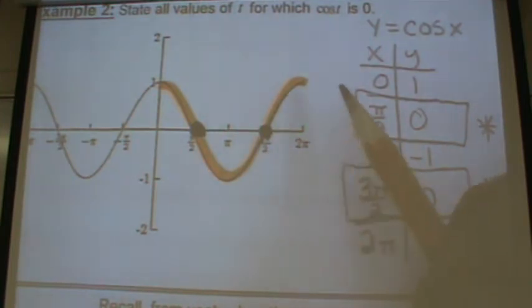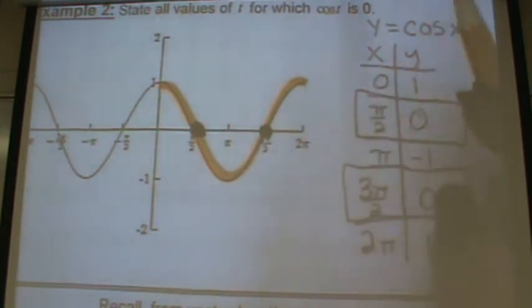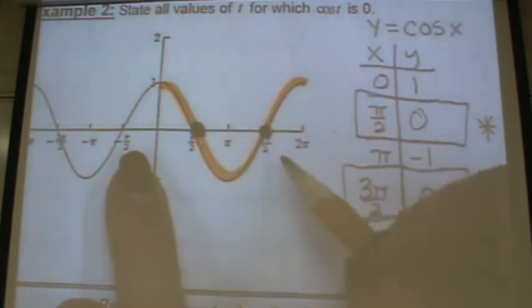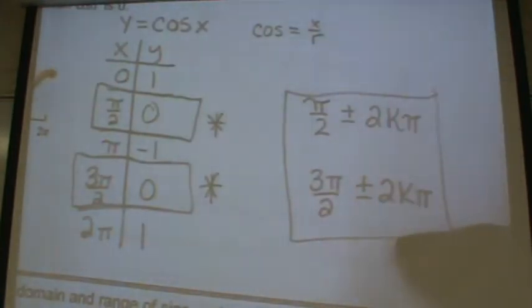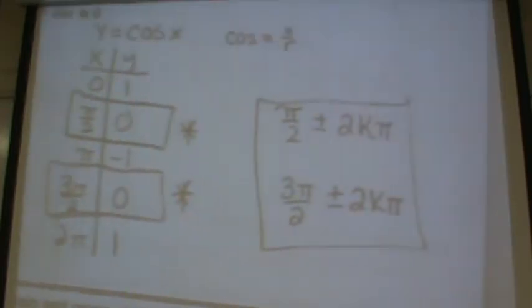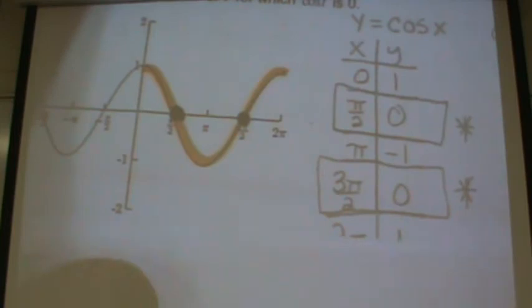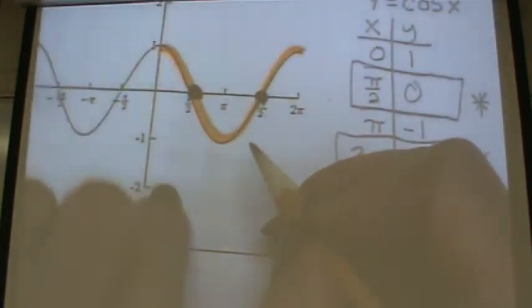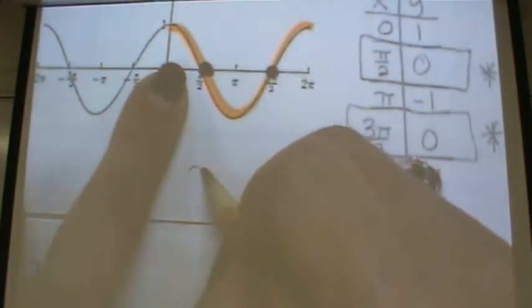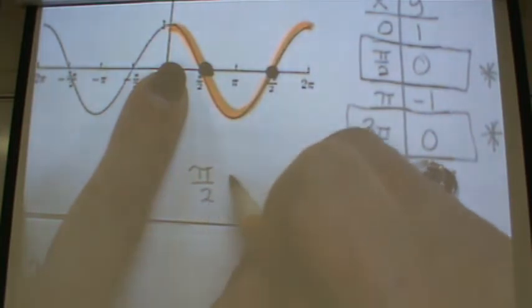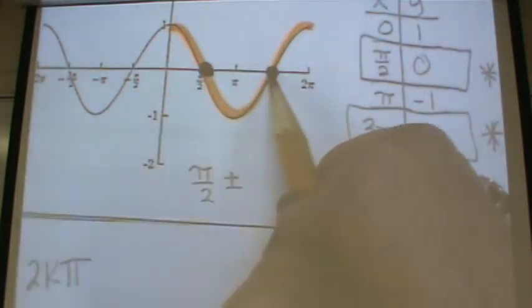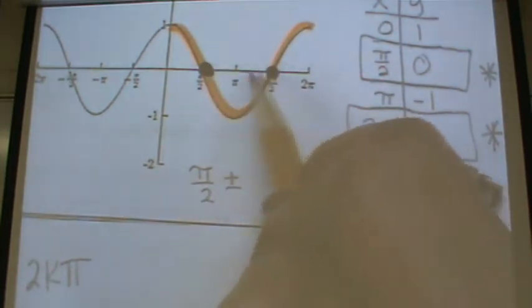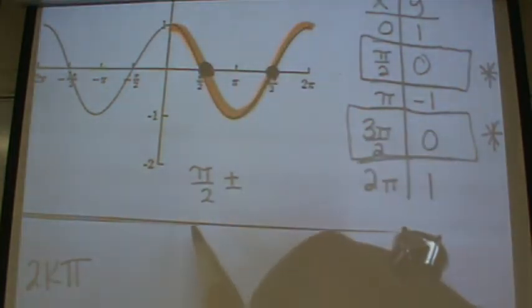Now, there is another way to write this answer. Can anyone think of a shorter way to write these two answers, but pick them all up? Can anyone think of another way instead of 2k pi? Can you write this a different way? Start with pi over 2. When did it occur again? 3 pi over 2. How many units is it from here to here?